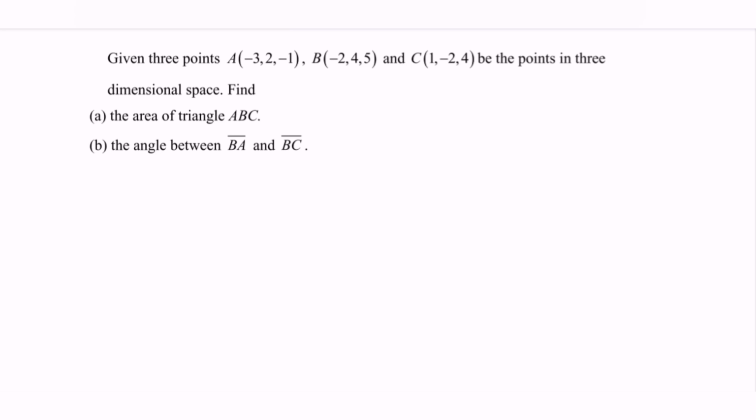So first, what my suggestion would be, find the vector BA and BC. So here we have the vector BA, OA minus OB. So OA will be negative 3, 2, and negative 1, minus the position vector for B, negative 2, 4, and 5.